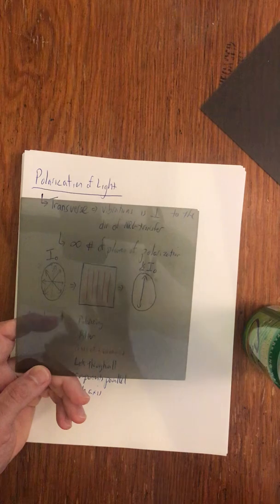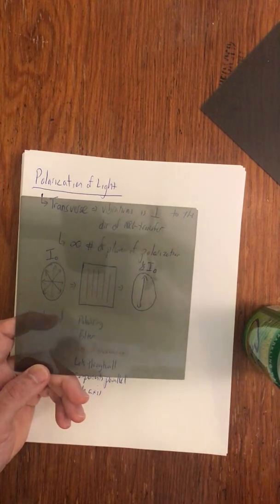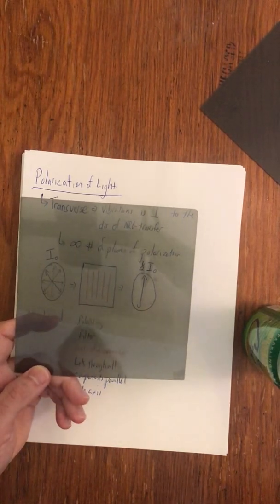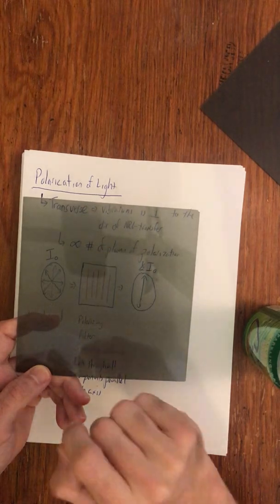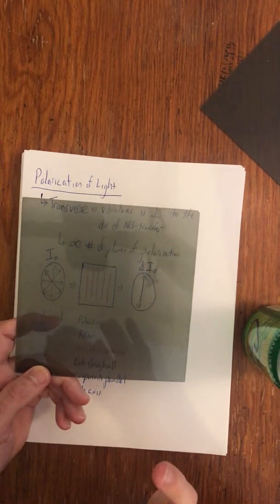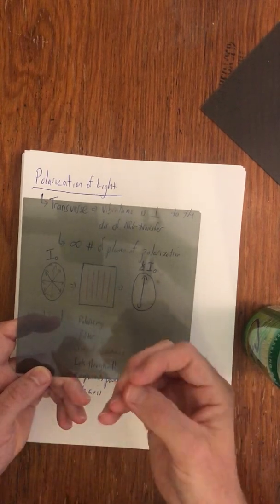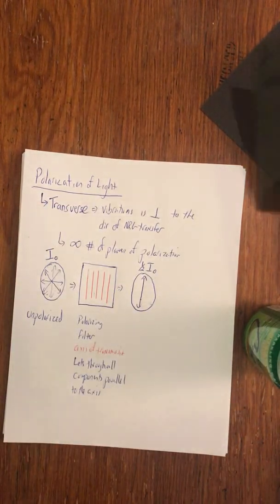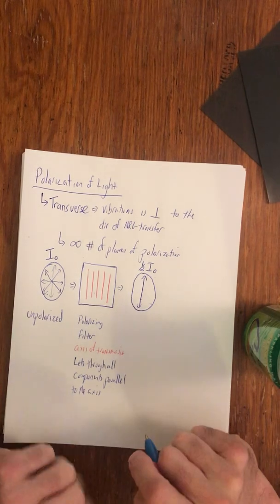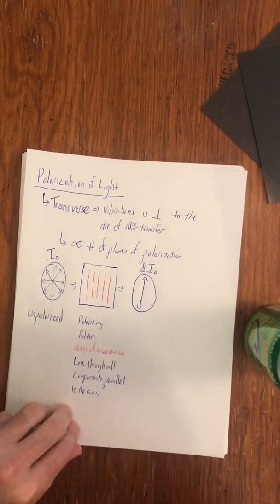So it's not acting like slits so much as it's a resonance phenomenon, and that's what the polarizing filter does. So they let through anything that doesn't resonate with the chain molecules and absorb everything that resonates with the chain molecules. So, polarizing filter. And that's what happens when you go through one polarizing filter.